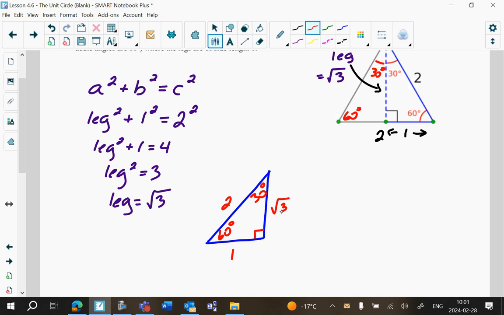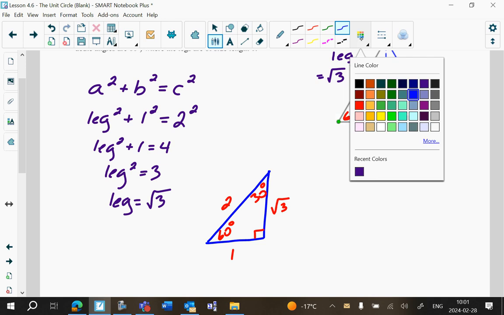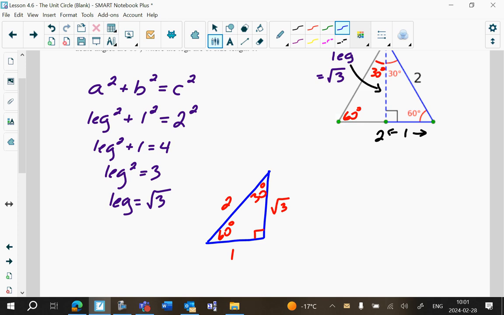But I want a hypotenuse of 1 to be able to put it on a grid. Yeah, I'll use blue. I want a hypotenuse of 1. So I need to make it proportionally smaller.